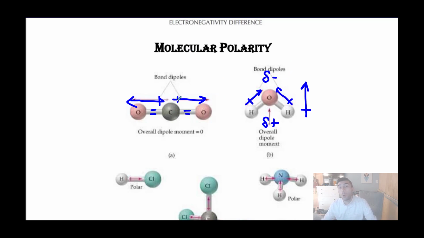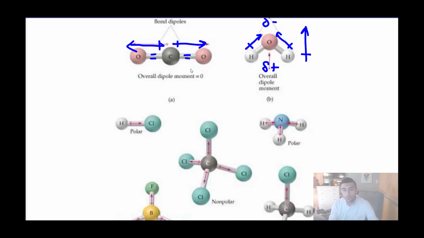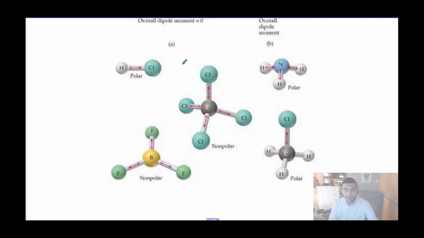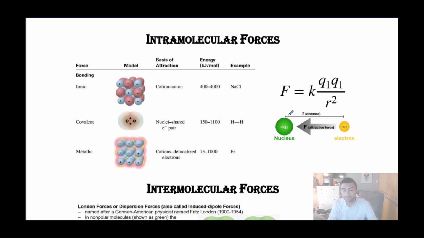Therefore, there's no partial positive or negative end of the molecule, and we consider this molecule to be nonpolar. So you can look at some examples here of polar and nonpolar molecules. Again, it has to do with the bond polarity and whether the dipoles present are arranged symmetrically, in which case they cancel each other out, or asymmetrically, in which case we get one end of the molecule more negative and one end more positive based on the distribution of electrons in the molecule.